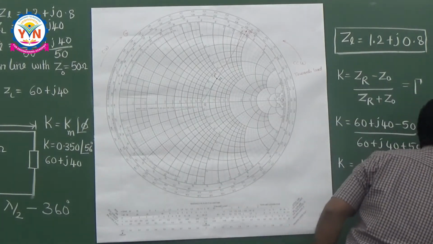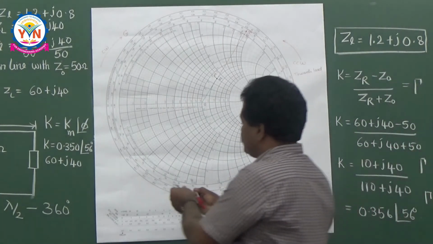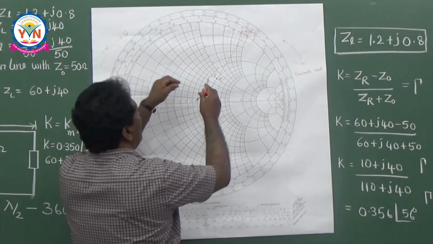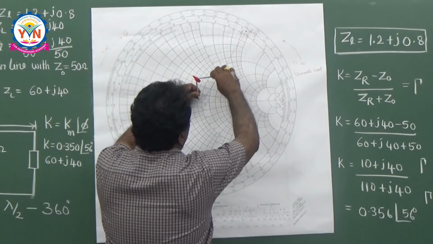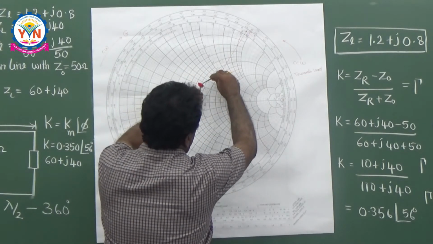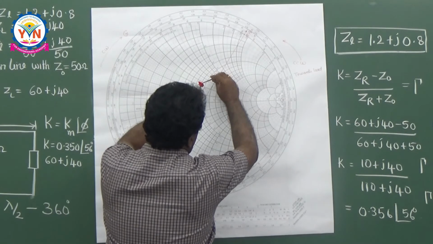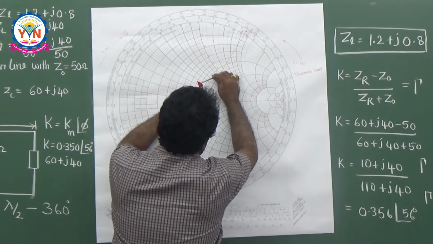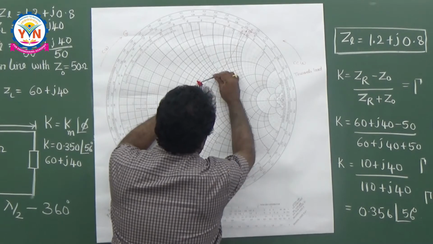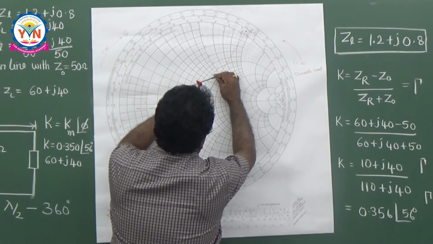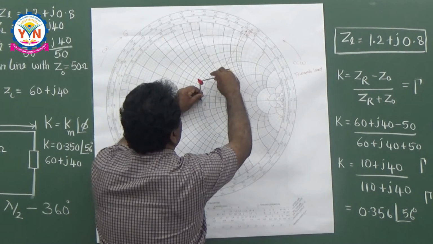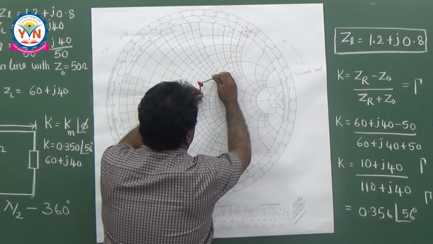Very simple. Take the compass here, adjust it like this so that this is the radius, and using this as the radius, draw the circle here.